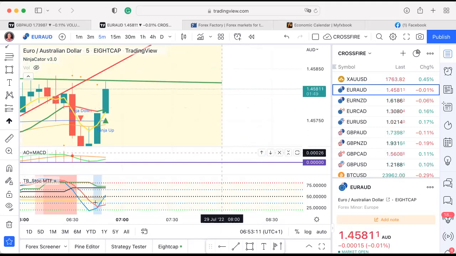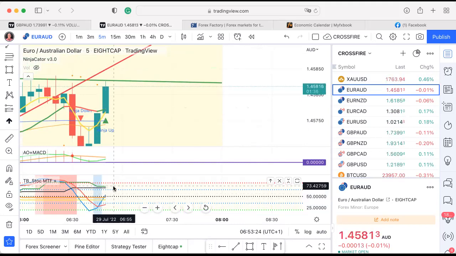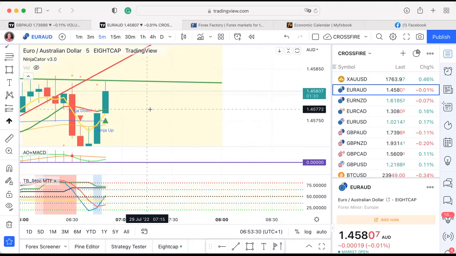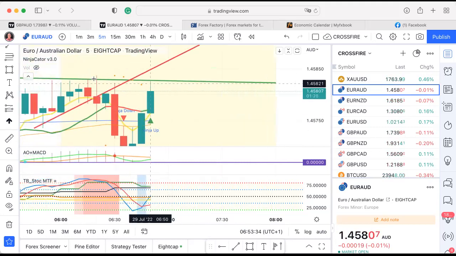You can see the multi-time frame stochastic. We've got the 5 minute now pointing upwards. The green 15 minute is fairly stable, a straight line. So what normally happens in that situation is what happened here.